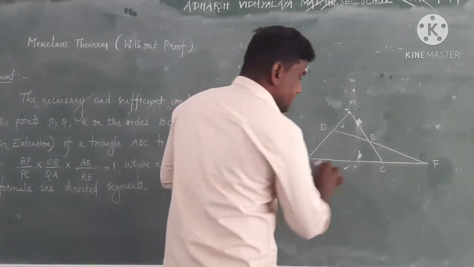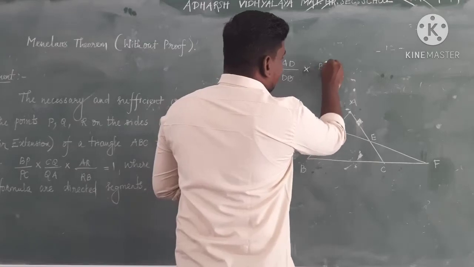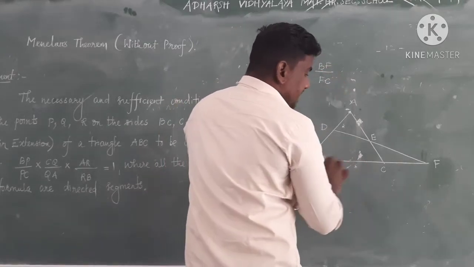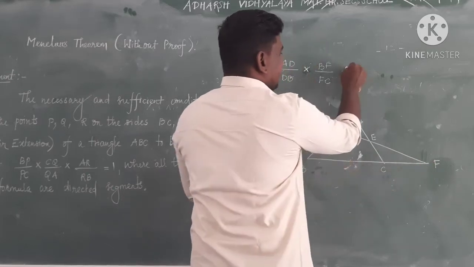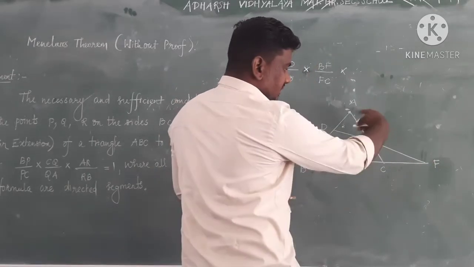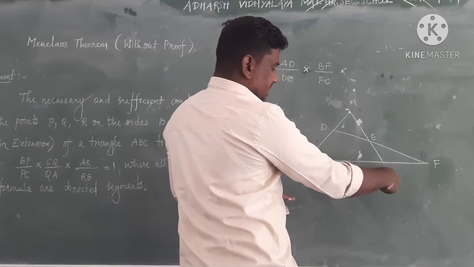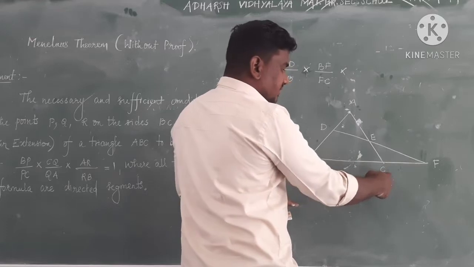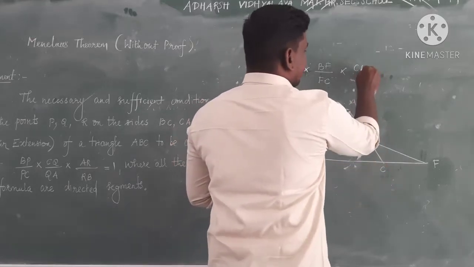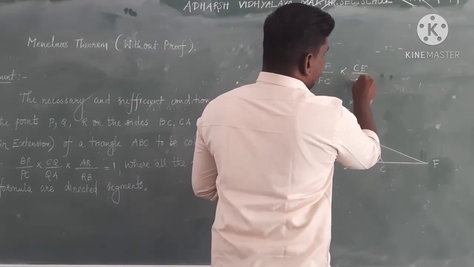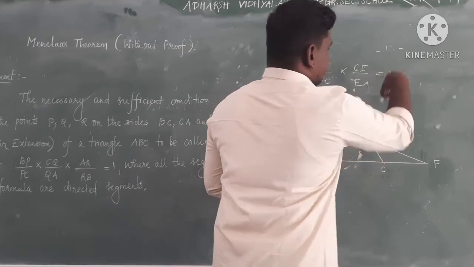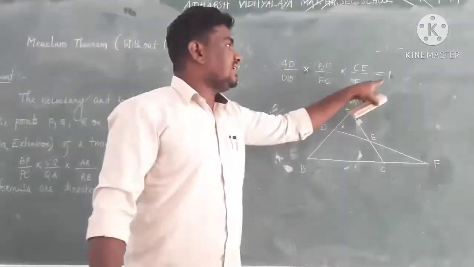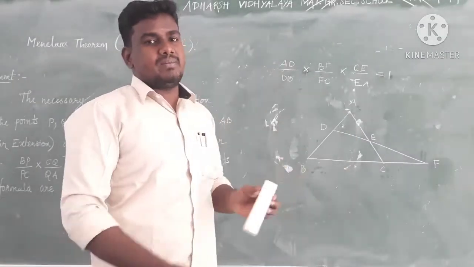So we write BF by FC, into the next one, this one C. First we take from A followed by B, the third one is C. So CE by EA is equal to 1. So the product of ratios of the sides is equal to 1. This is the statement of the theorem.